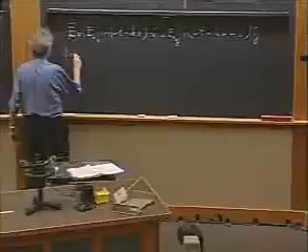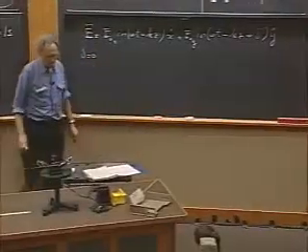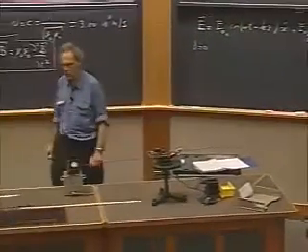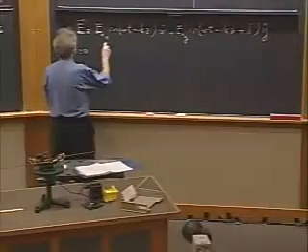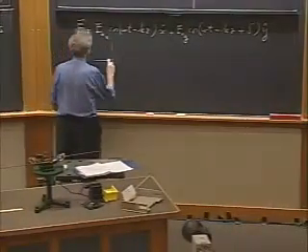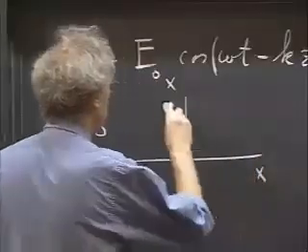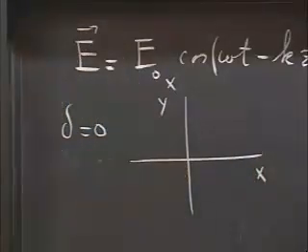If now we make delta equal 0, you still have linearly polarized radiation. Look at the xy plane. This is x, and this is y, and the radiation is coming straight to you.